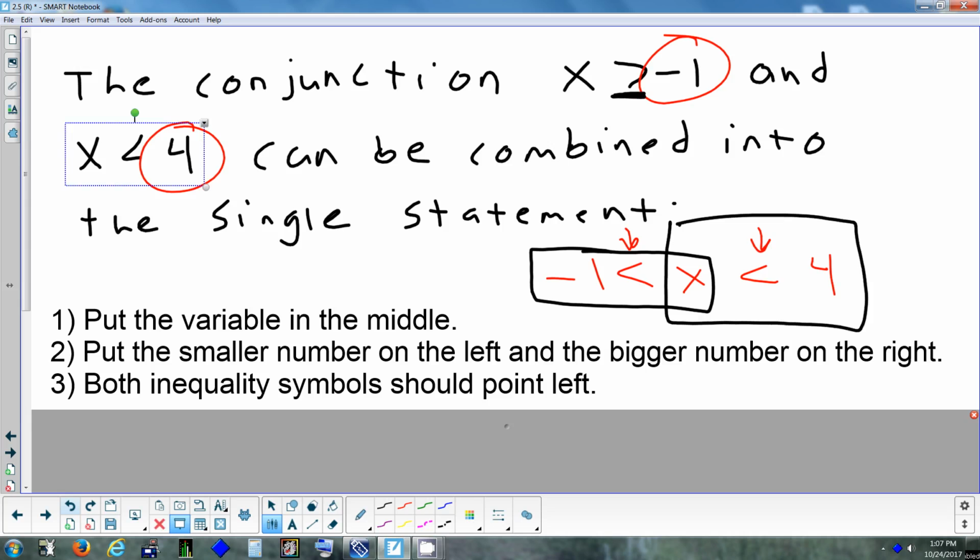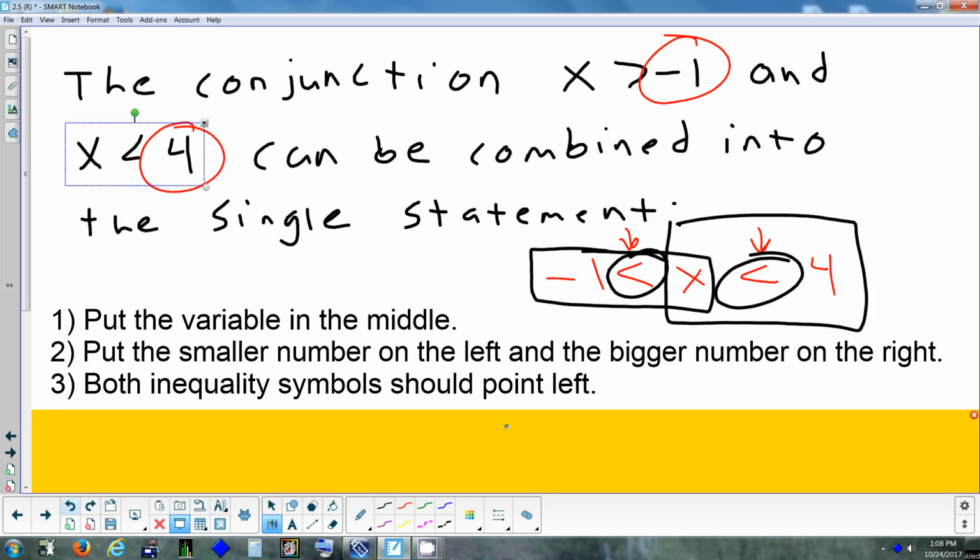There is another way you can do it. You can reverse what I tell you in steps 2 and 3. I'm not going to get into that, but you can put the bigger number on the left and the smaller number on the right, but then what do you think you'd have to do with these two things, if you switched where the bigger and smaller number go?